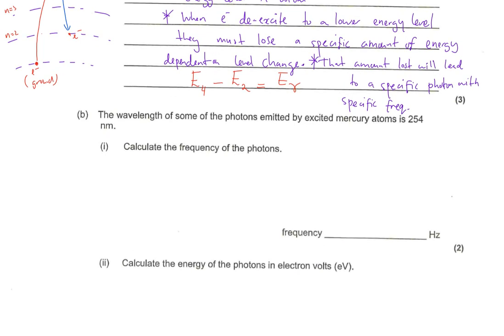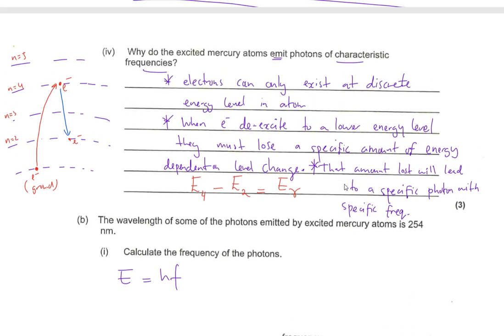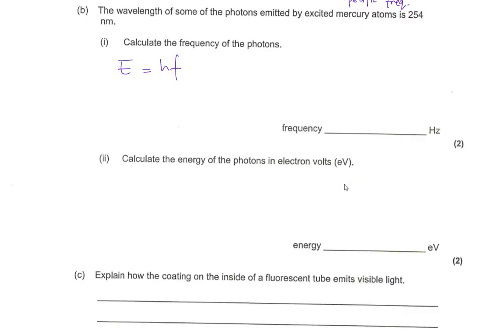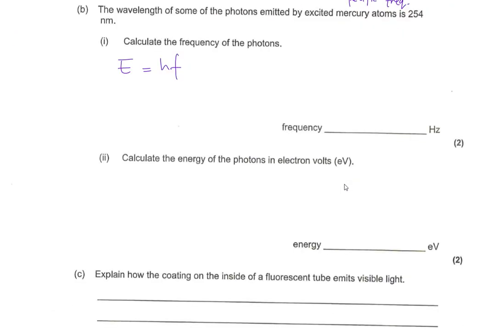Good. So this one here we're looking for frequency, so we've got energy equal to this. The wavelength we know. The mercury atom is nanometers. Do we know anything else? We don't need this one here for now, so this is for later.